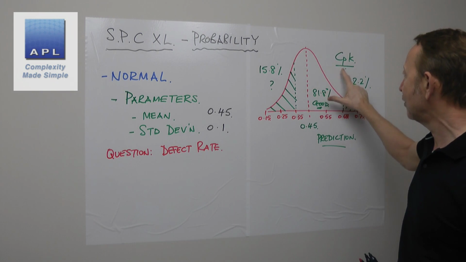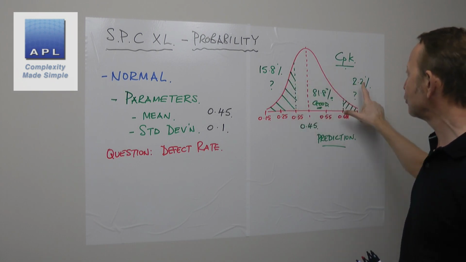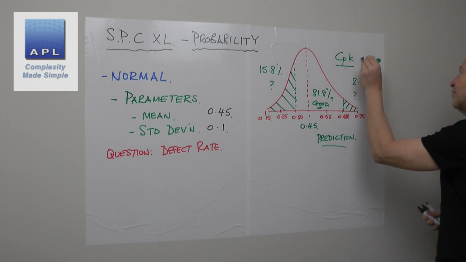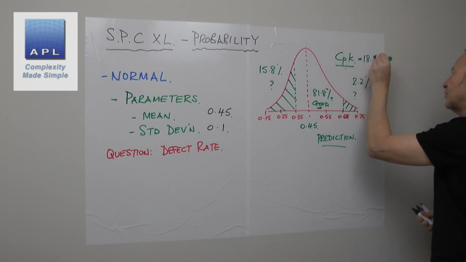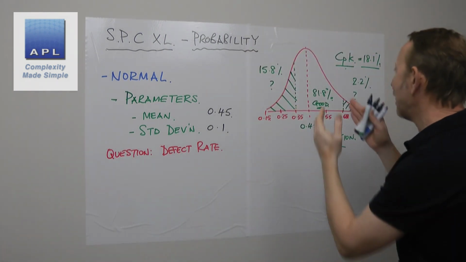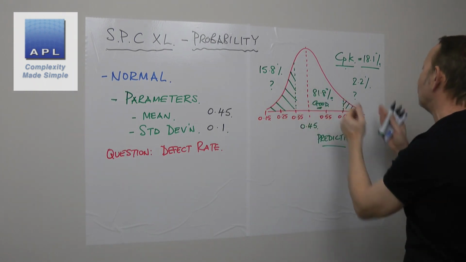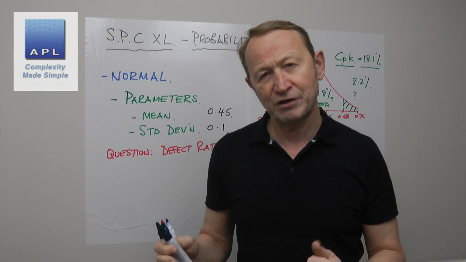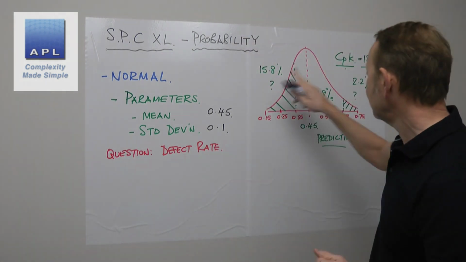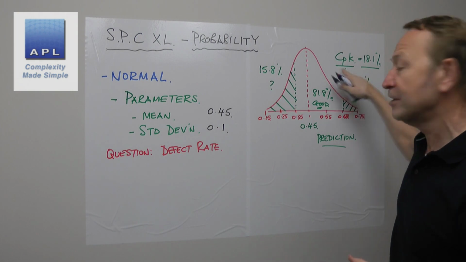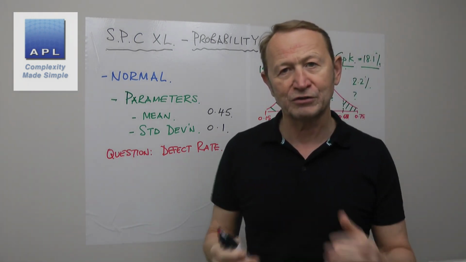What the CPK diagram doesn't do, though, is split them up into left and right tail. So what you would have ended up with is just a straight defect rate, which I think is just 18.1% as a total. So if you actually want to know what's in the left tail, what's in the right tail, because maybe they cost you different amounts, use the full calculation. If you don't need to know that, the CPK tool will do that.